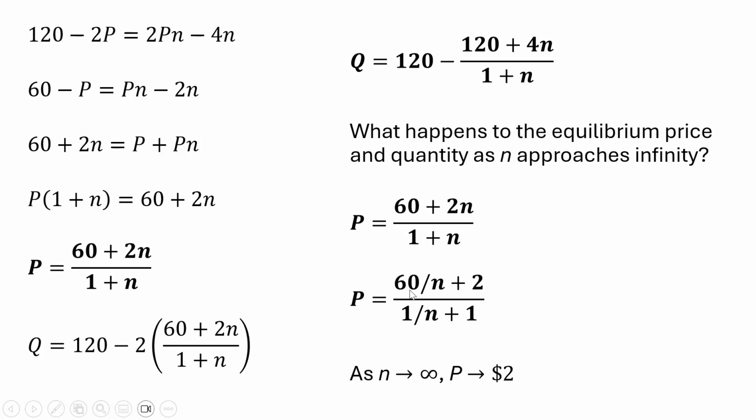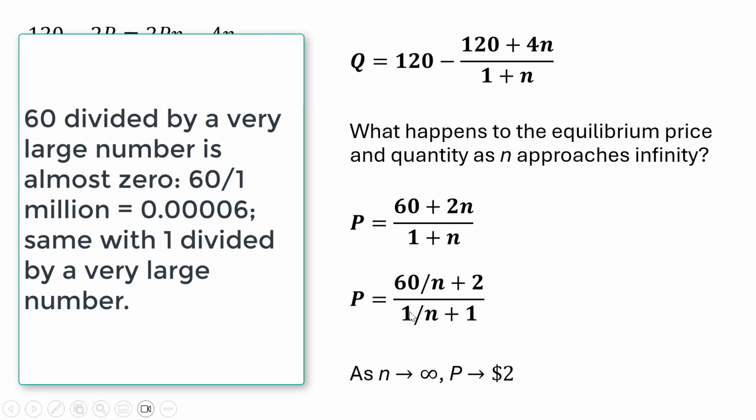So the idea here is that this 60 divided by n, as n goes to infinity, that goes to 0. 1 divided by n, that'll go to 0 as n increases. So as the denominator is exploding in both of these terms here, that term will go to 0, and you're just going to be left with 2 divided by 1, or $2.